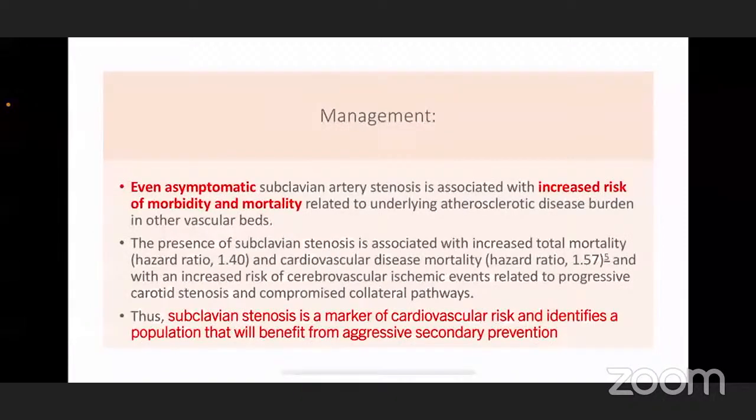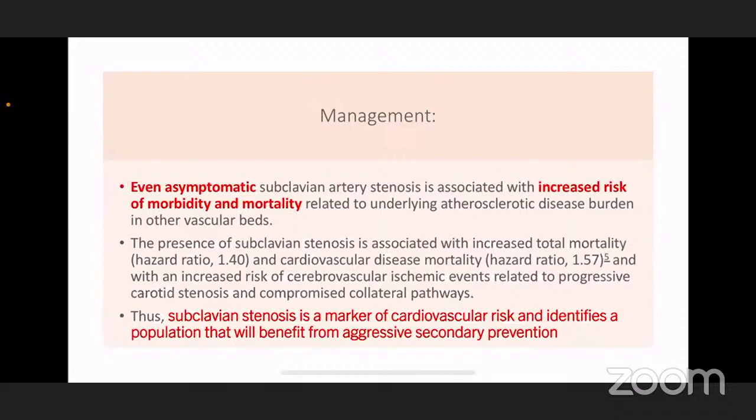Okay, management. We said most of the patients are asymptomatic, so why do we want to manage them? We have to manage them because even asymptomatic subclavian artery stenosis is associated with increased risk of morbidity and mortality.